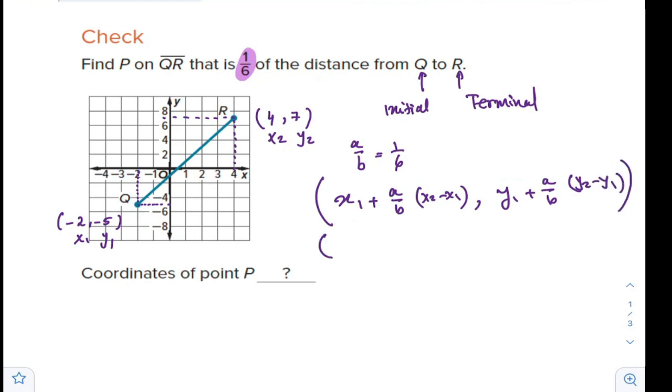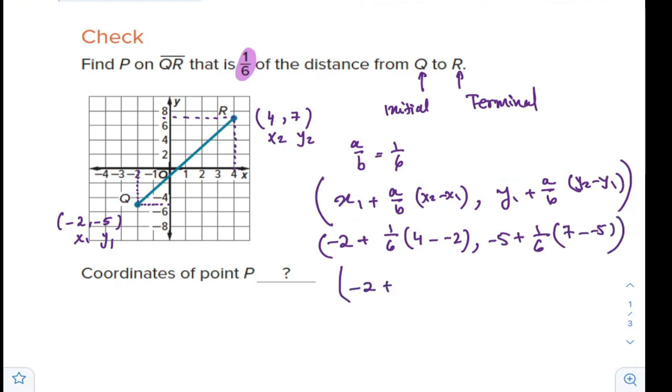So let's now replace: -2 plus 1 over 6 times (x2 minus x1), the order is important, or 4 minus -2. y1 is -5 plus 1 over 6 times (y2 minus y1), so it's 7 minus -5.